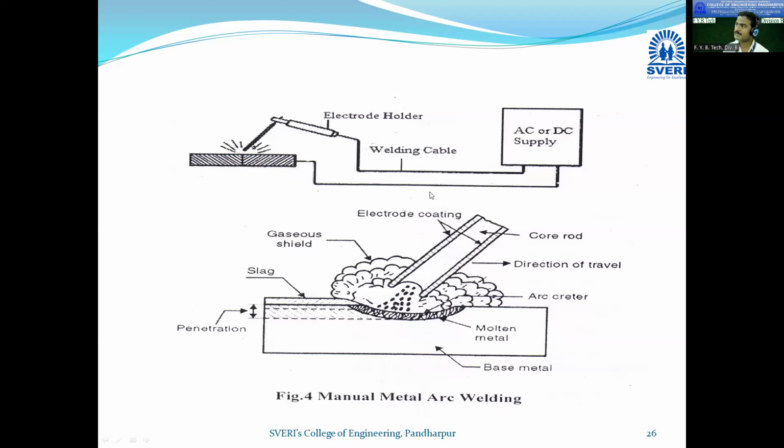And the maximum range of temperature we can achieve is up to 4000 degrees Celsius, right? Temperature will be reached around that also, and metal will get melted and it flows in the gaps. So write shortly about this welding process.